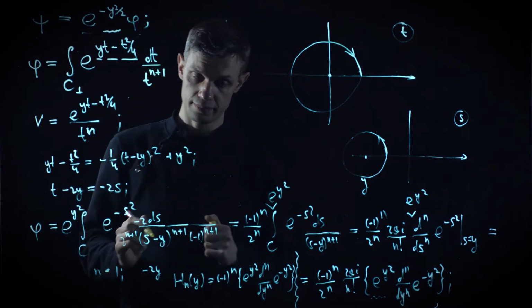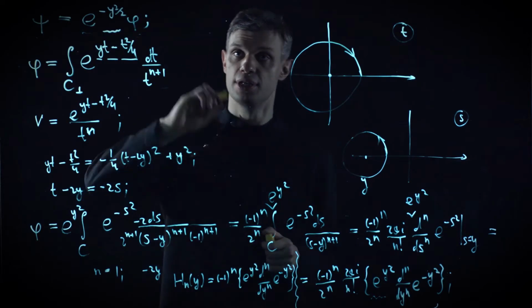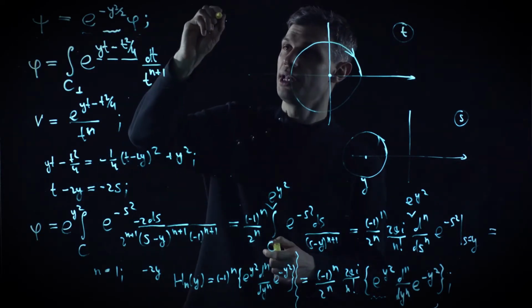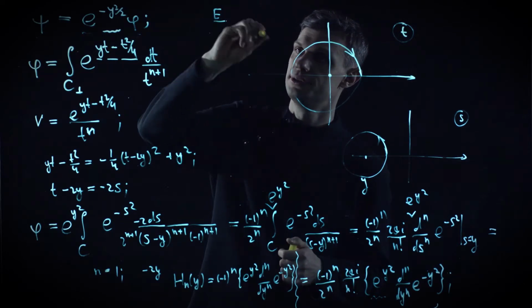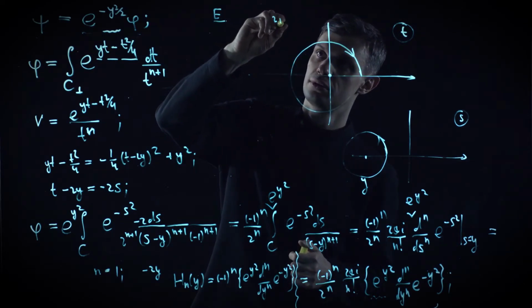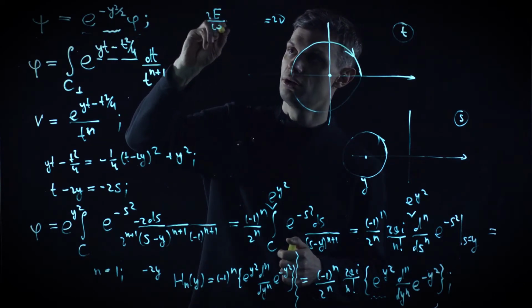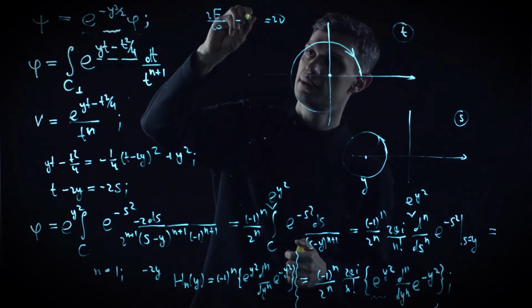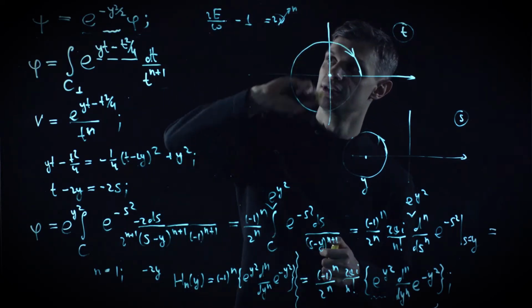And as you remember, our new parameter, which is now turned into n integer, was related to our initial energy parameter as follows. 2 nu was equal to 2e divided by omega minus 1. So now nu became an integer.